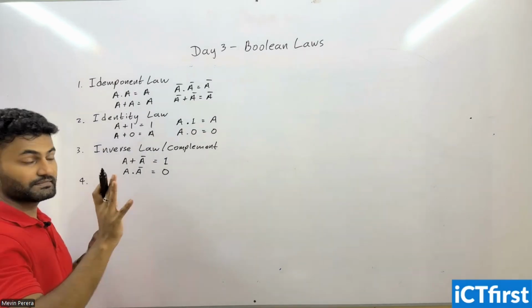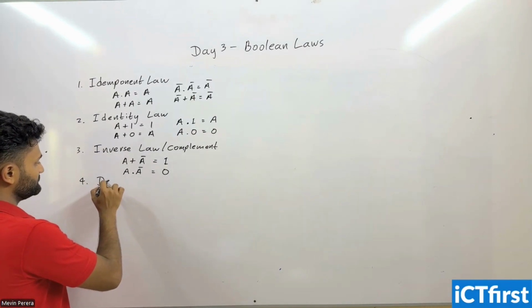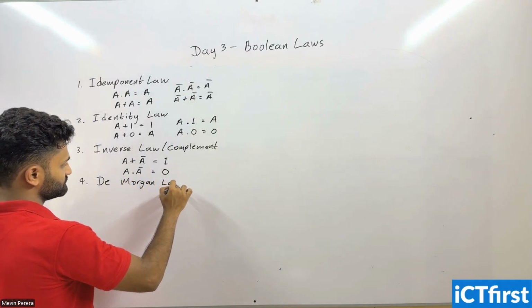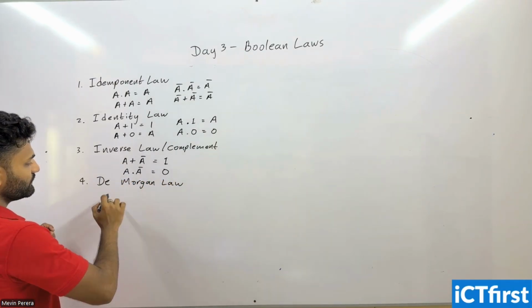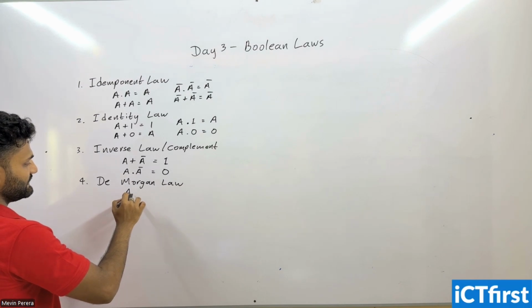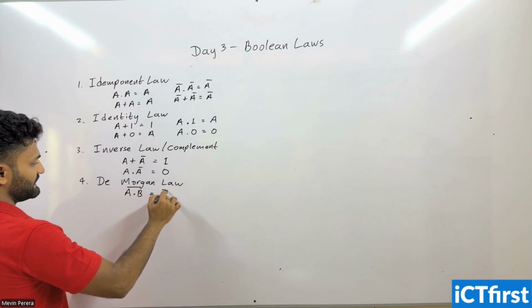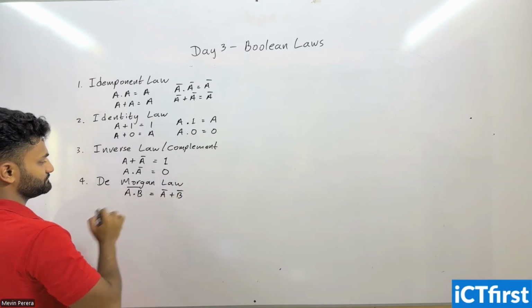Then we have the fourth one. There are 9 laws. De Morgan's law. What it says is A dot B whole bar is equal to A bar plus B bar.